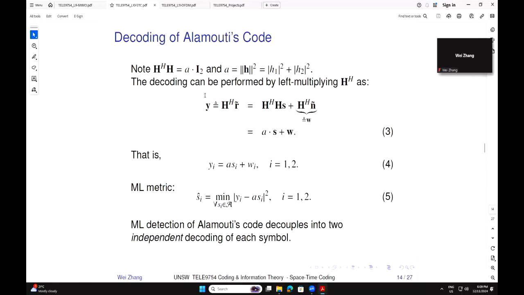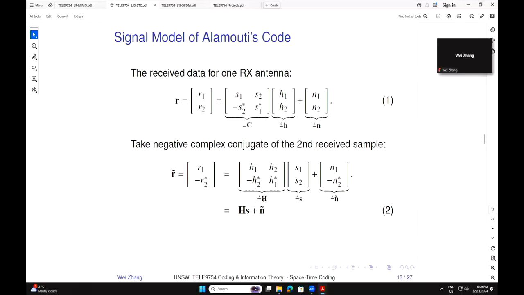For equation 2, we can perform the decoding by left multiplying with the Hermitian of the matrix H. You can see this matrix is actually an orthogonal matrix because each channel H has the same format as the code matrix in equation 1. That is Alamouti type. We also call it orthogonal code matrix. Orthogonal not only for real signals, but also for complex signals.